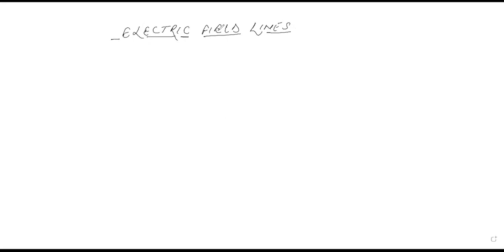It is another topic, which is electric field lines, right? Are you clear? Yes, sir. The concept of electric field lines was given by Michael Faraday. It is generally an imaginary concept which was used by Michael Faraday to represent the space or field of a charge. Are you clear?